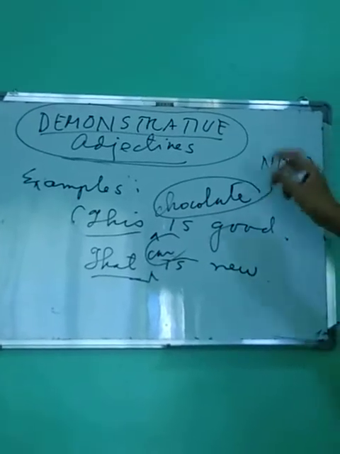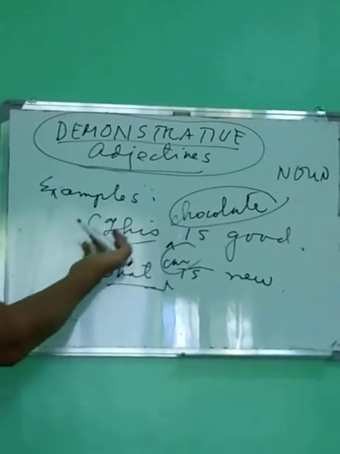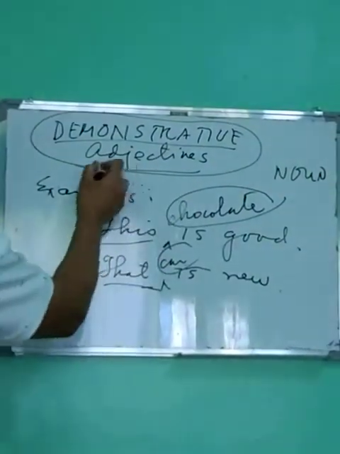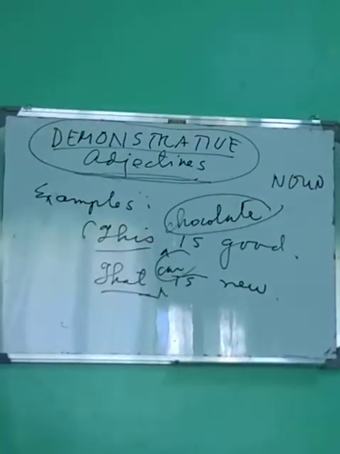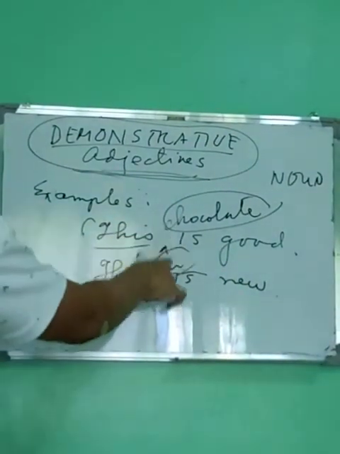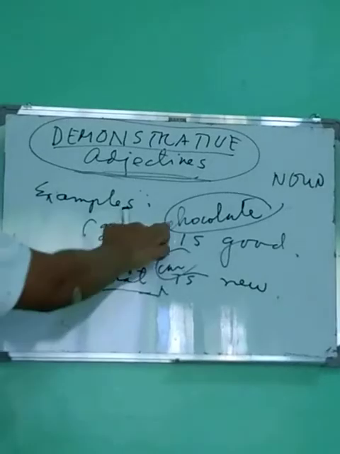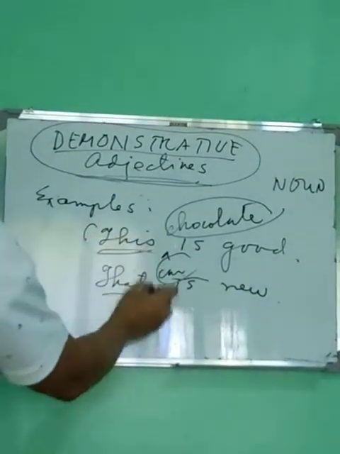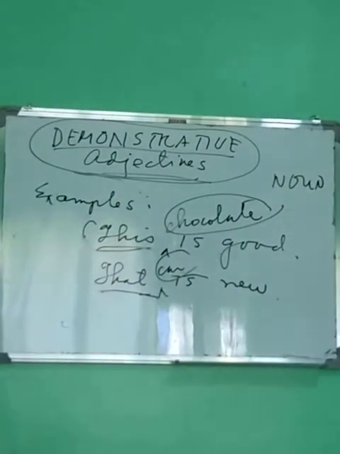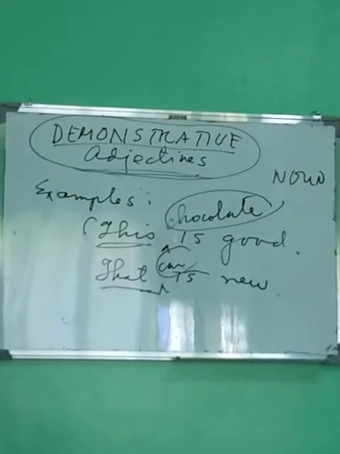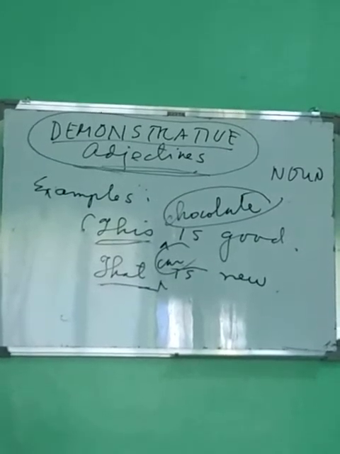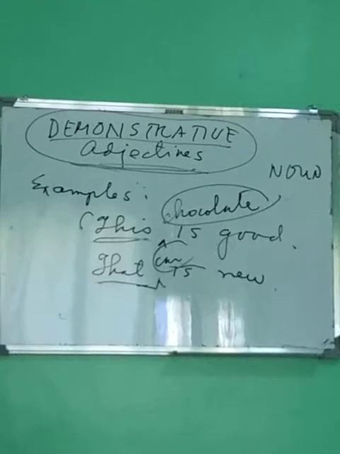So here, they are no longer used as demonstrative pronouns. They are now intended to describe, that's why adjective, to describe a particular noun. But, you understand? So this, that are intended to describe a particular subject or noun.